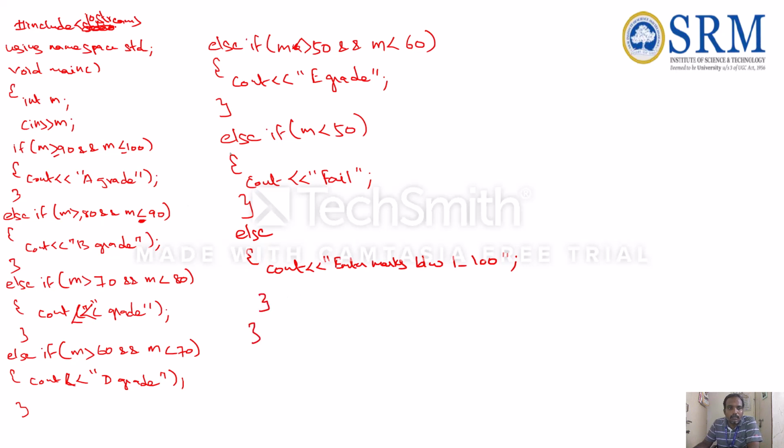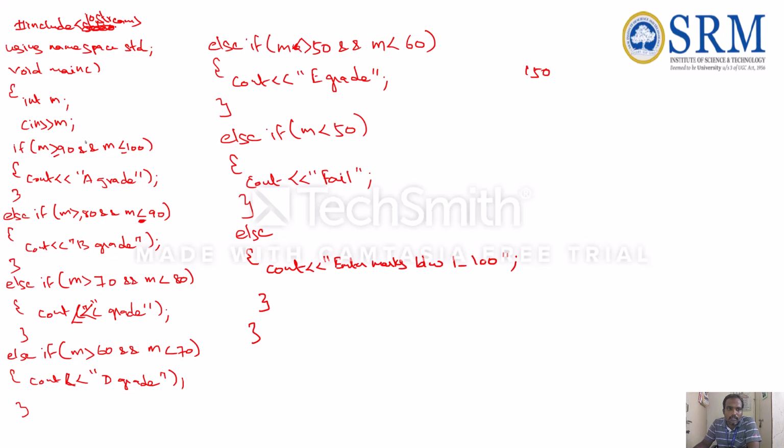Definitely the range should be 1 to 100. Suppose by mistake the user has entered 150, then the condition will not match any of the conditions, so it will go to the else part. It will say enter the marks between 1 to 100. Otherwise, if the mark is between 1 to 100, definitely it will fall into one of the categories.